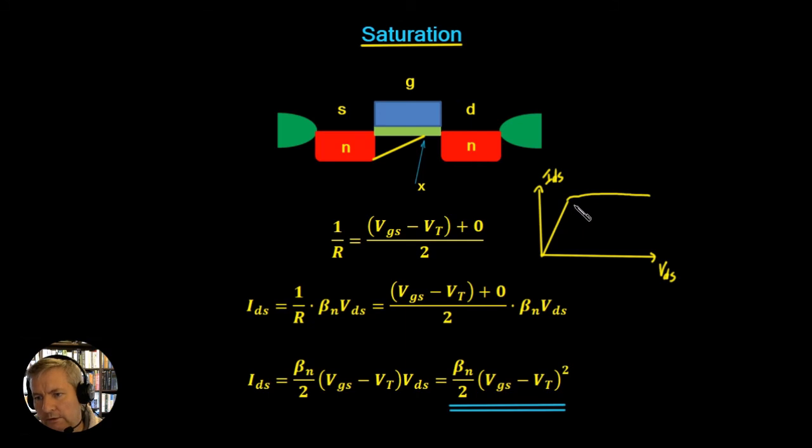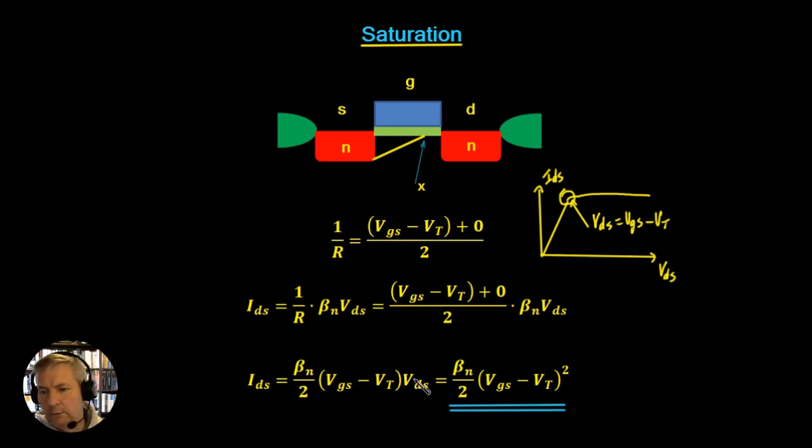The point at which this occurred was the pinch-off point, and that pinch-off point is given by VDS equal to VGS minus VT. So that's the corner point here.